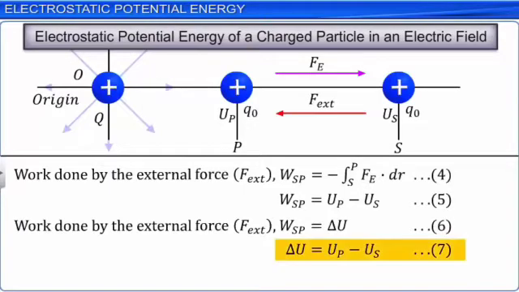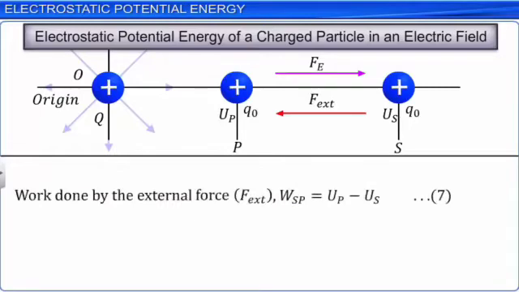The difference in electrostatic potential energy between 2 points in the electric field of any arbitrary charge distribution will be equal to the work done to move a charge from one point to another.